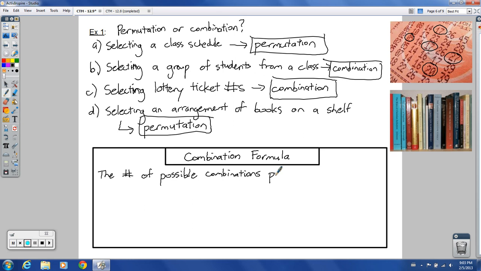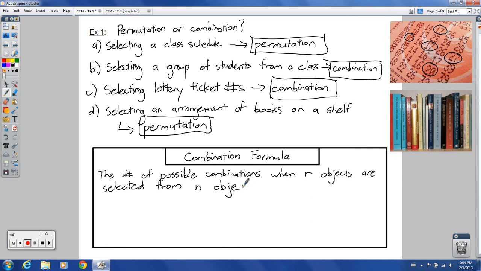Number of possible combinations. What am I writing? I don't know why I wrote possible twice on my notes there. Number of possible combinations. There we go. When r objects are selected from n objects.